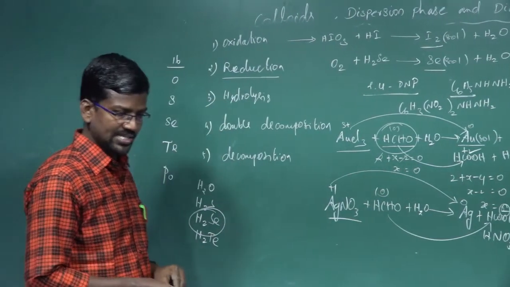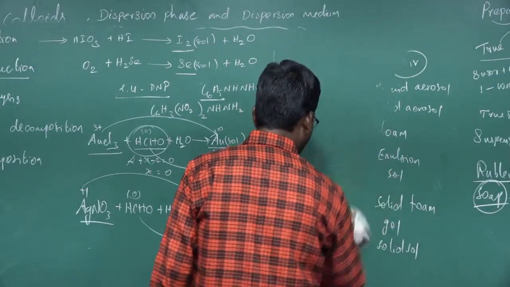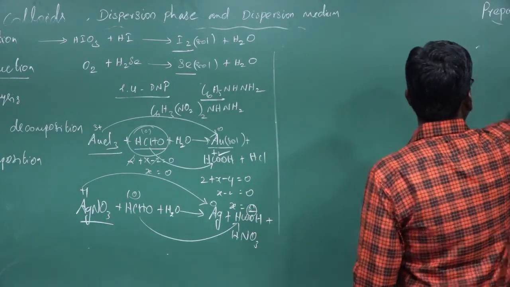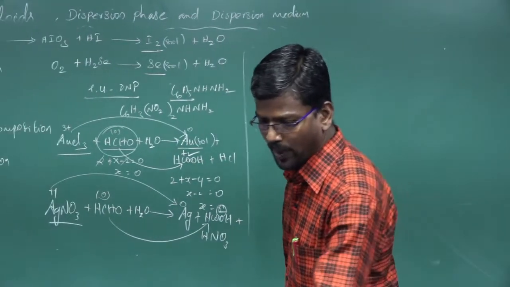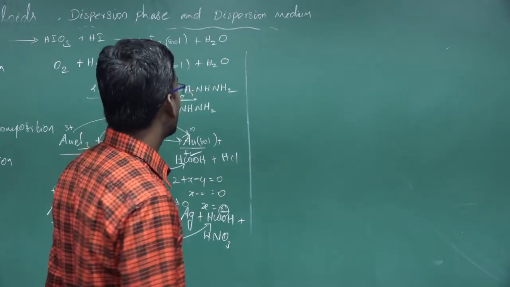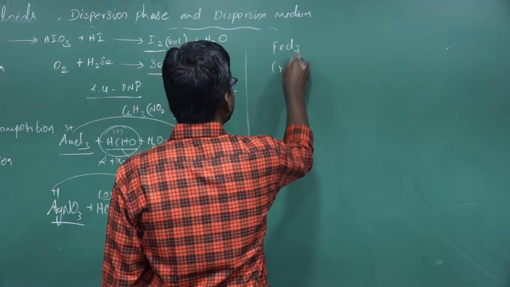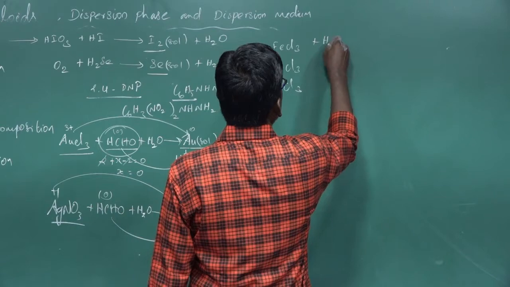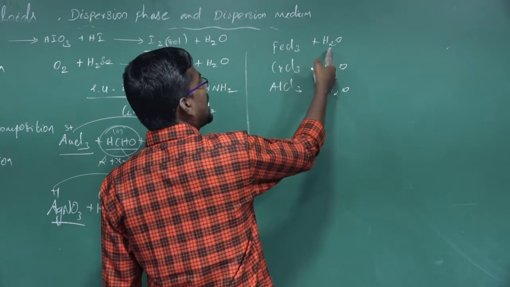Another one, hydrolysis. Hydroxides: iron hydroxide, chromic hydroxide, and aluminum hydroxide. Hydroxide salts can be prepared from hydrolysis of the respective salts. So the respective salts, ferric chloride FeCl3, chromic chloride CrCl3, and aluminum chloride AlCl3, are hydrolyzed by water, H2O, and the chlorine is replaced by an OH group.